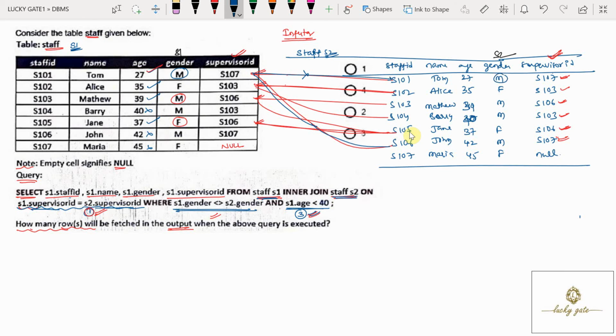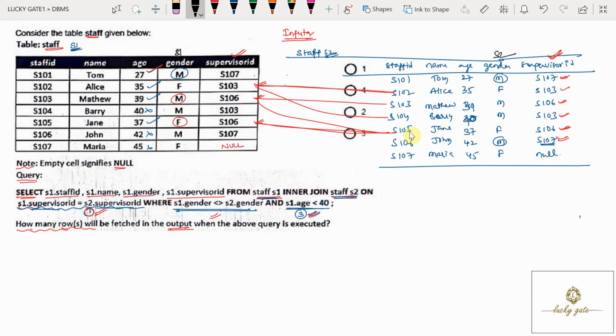M equal to M, but it says not equal to, so this combination is not satisfying the condition. S107 is also matched with this S107. Here also male male, not matching. This is eliminated. So I'll remove these two lines and these combinations. This is not going to be selected. Fine, that is done.